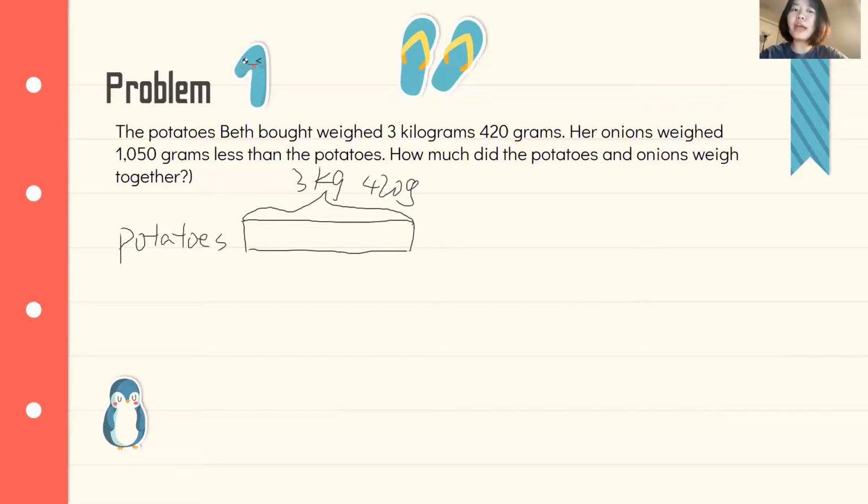I will draw another diagram to represent this. As we know, it's 1,050 grams less, so I will draw this diagram smaller than the potatoes. For onions, my diagram will be a little bit smaller, and this extra part will be 1,050 grams.